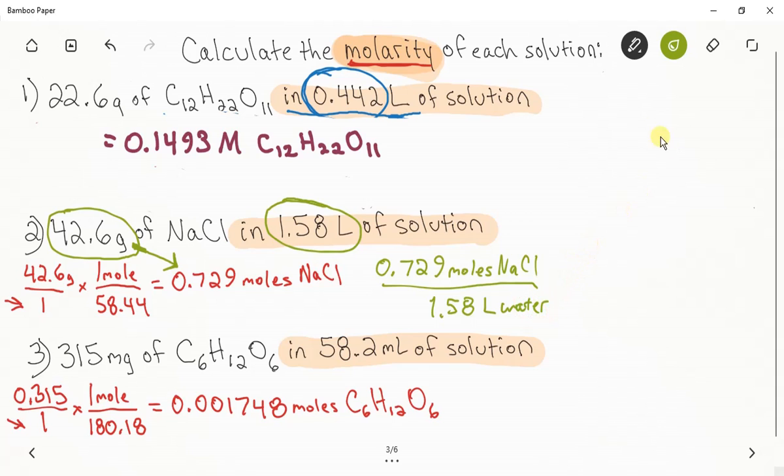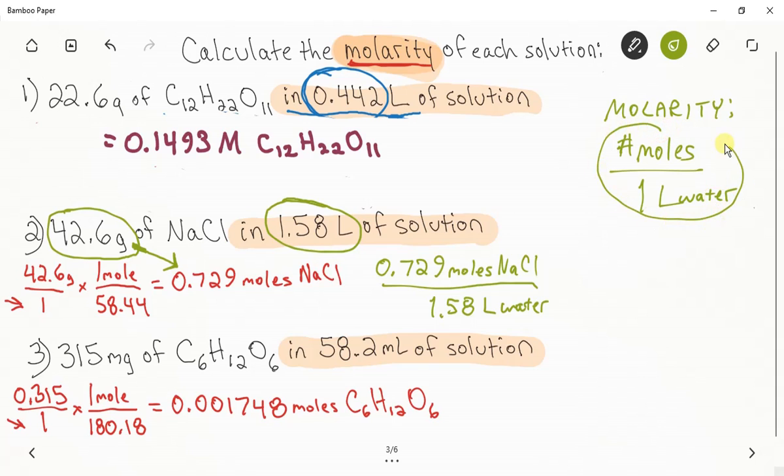What we need to do to find the molarity, because remember, molarity is the number of moles in 1 liter of water. So the molarity is number of moles over 1 liter.